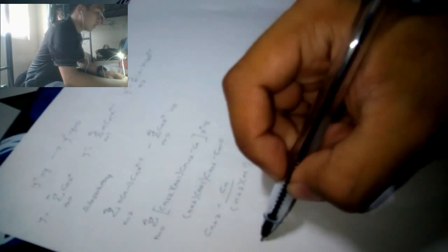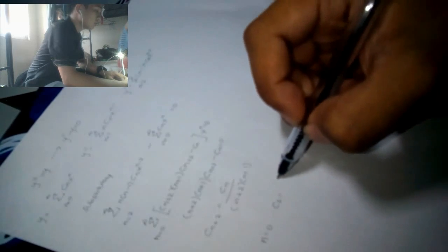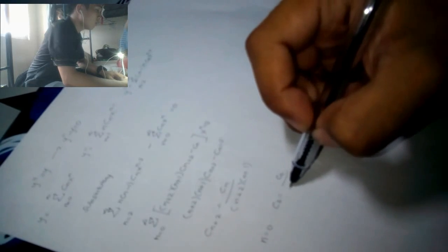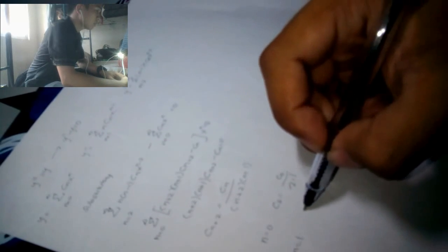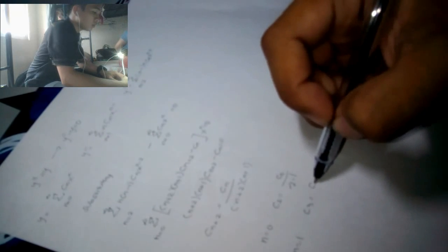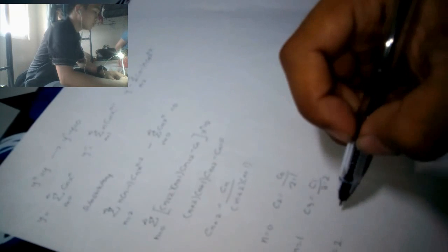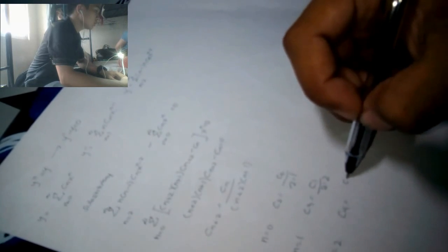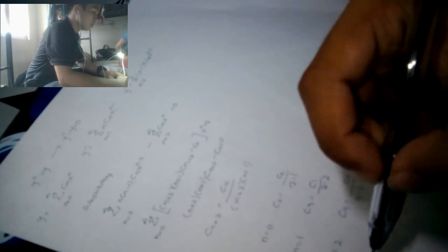So here at n equals 0, c sub 2 is equal to c sub 0 over 2 times 1. At n equals 1, our c sub 3 is equal to c sub 1 over 3 times 2. At n equals 2, our c sub 4 is equal to c sub 0 over 4 times 3 times 2 times 1.